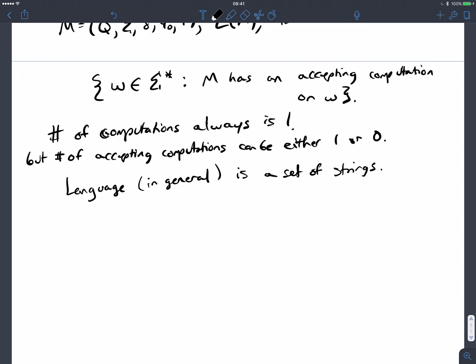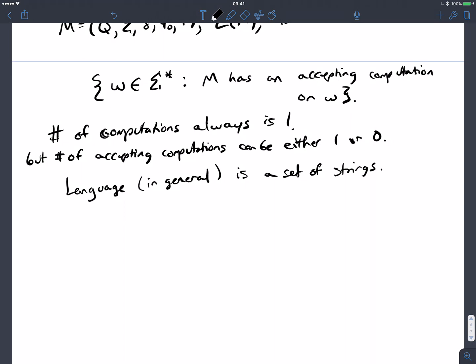Can a language be finite? Yeah, because in the case of maybe you accept 0 strings or 1 string, that's definitely a finite set. Can it be an infinite set?